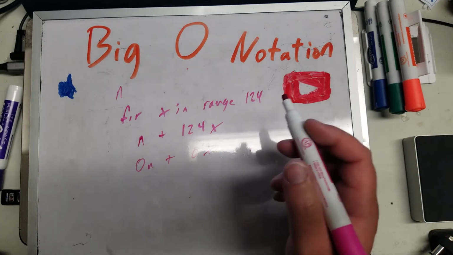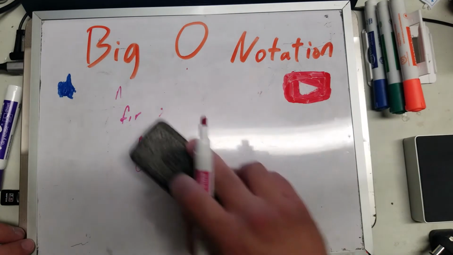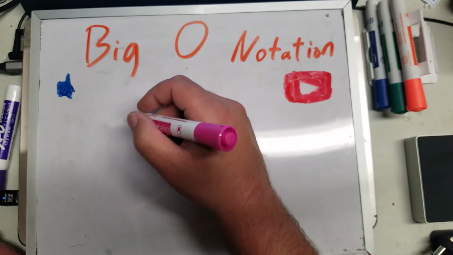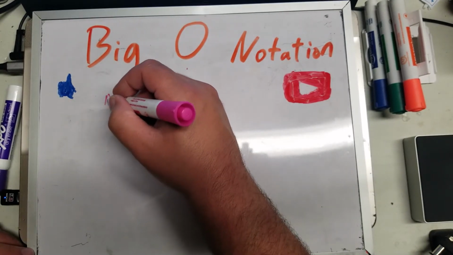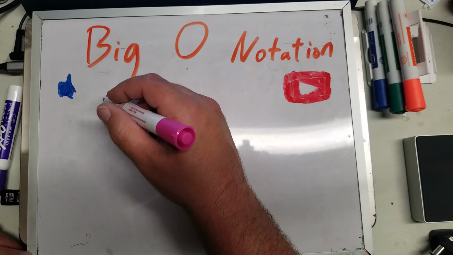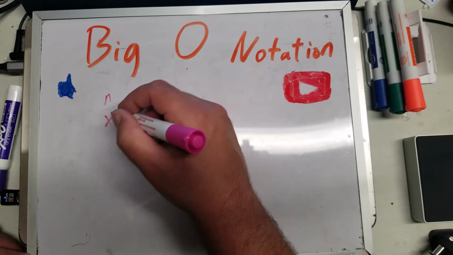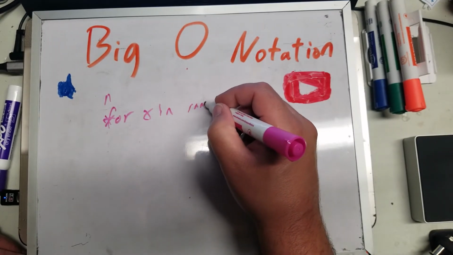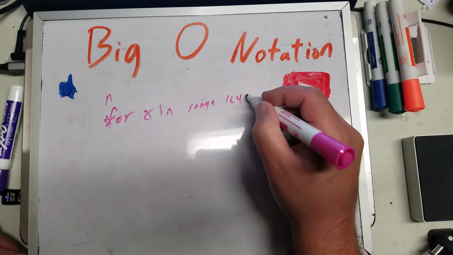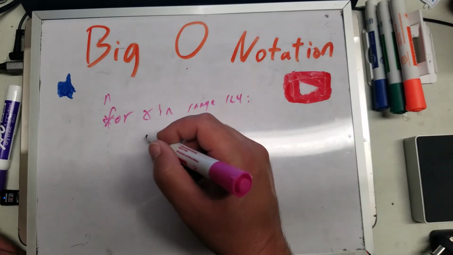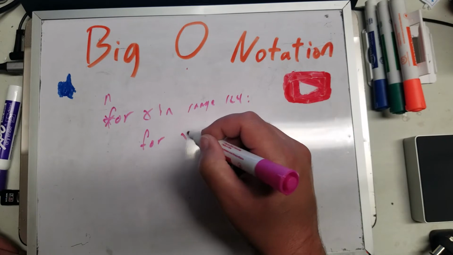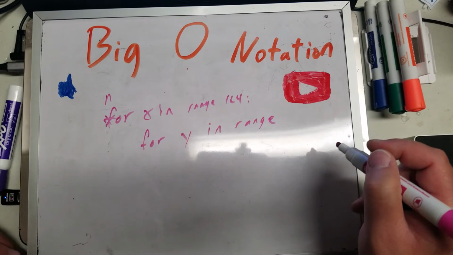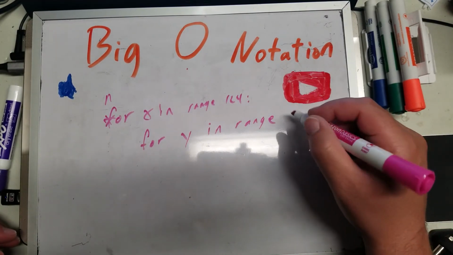All right, well, what if we do something a little bit crazier, and we go with nested stuff. You have your N, and next to run is your for loop of x in range 124, and then you have a nested for loop where you have for y in range 124.